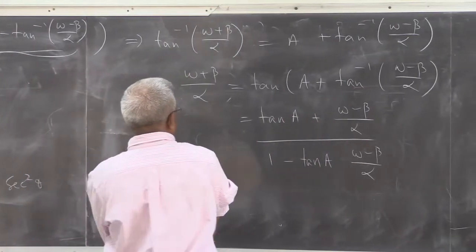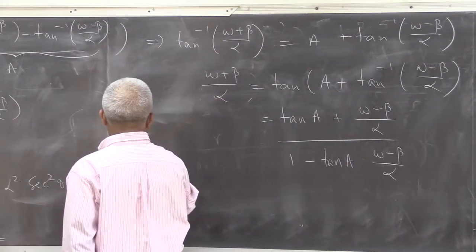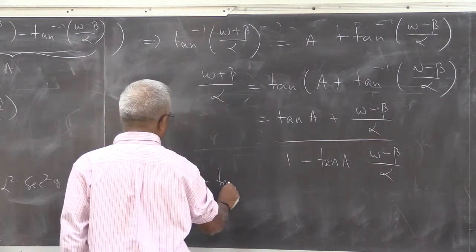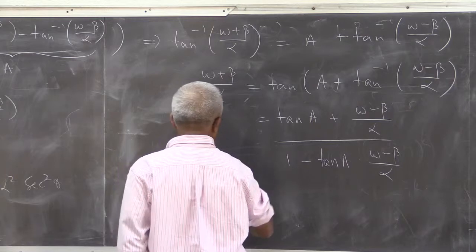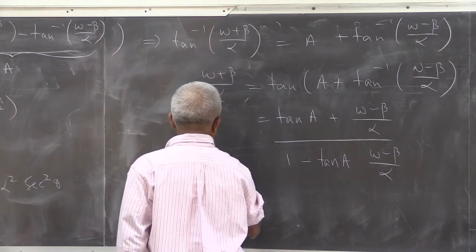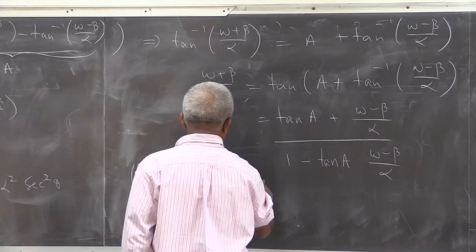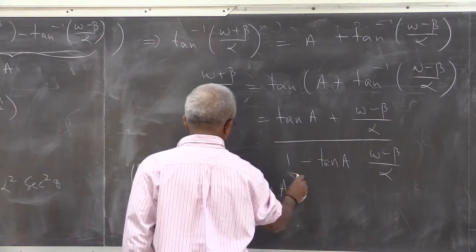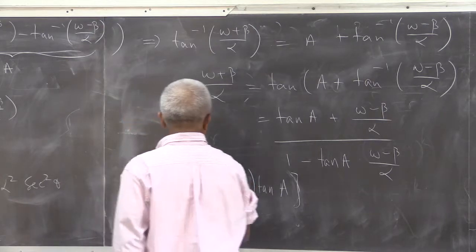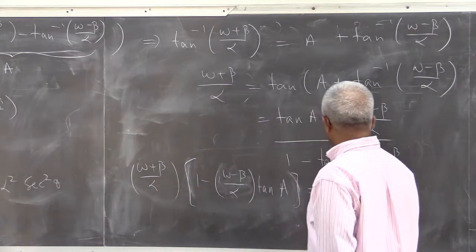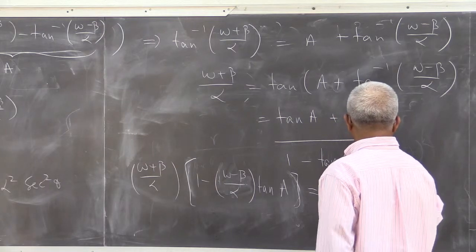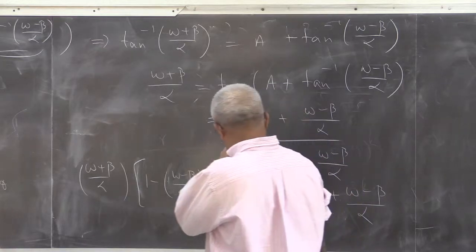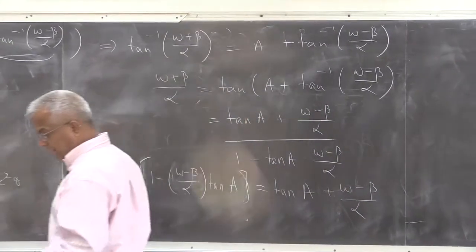So if you cross multiply, you get omega plus beta over alpha multiplied by 1 minus tan A times omega minus beta over alpha equal to tan A plus omega minus beta over alpha. And we can solve for tan A.